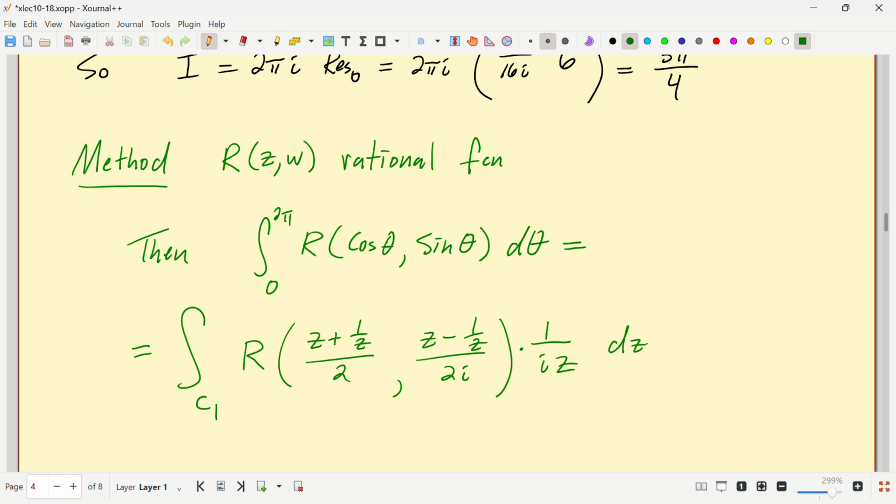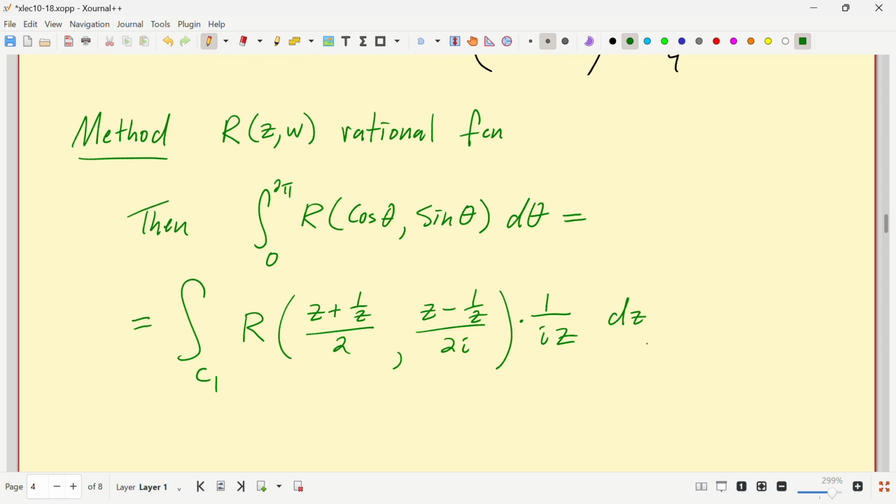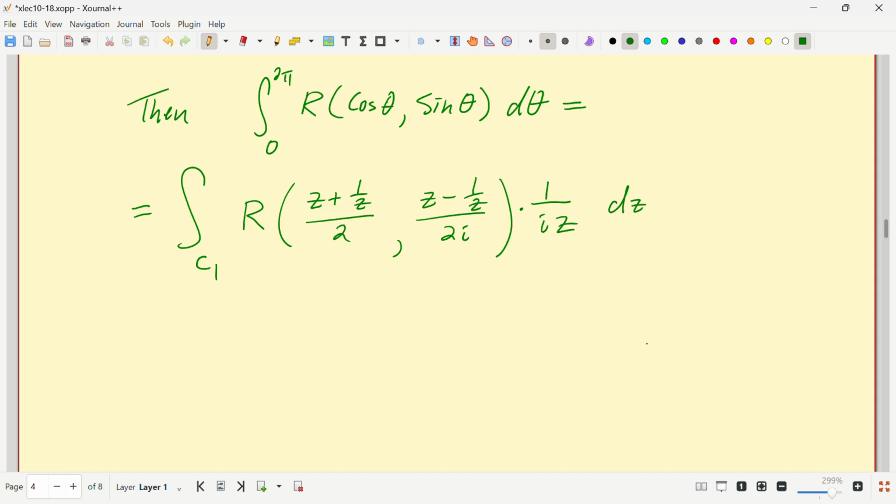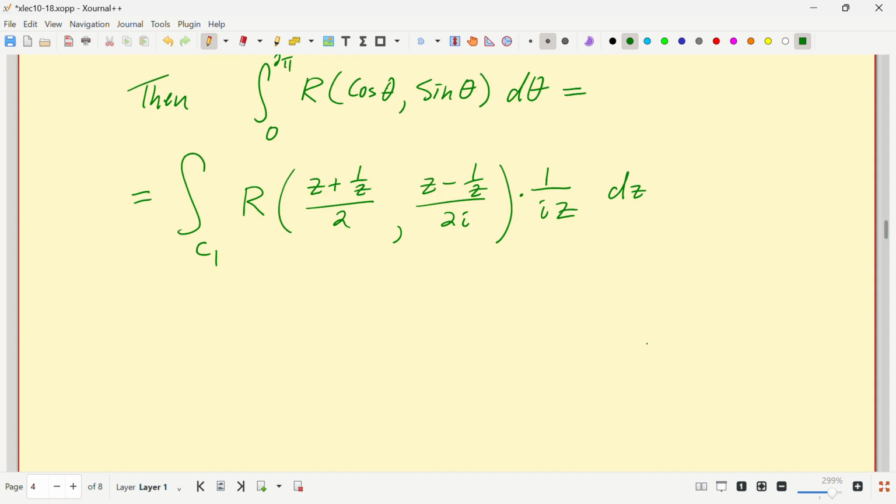And as long as there's no bad behavior on the boundary, we can use the residue theorem. So that's a fact. And then the continuing fact is use the residue theorem if nothing bad happens on the boundary, if there are no poles.